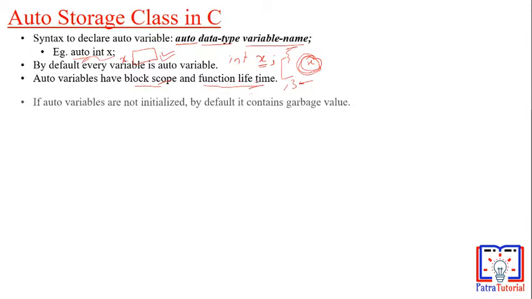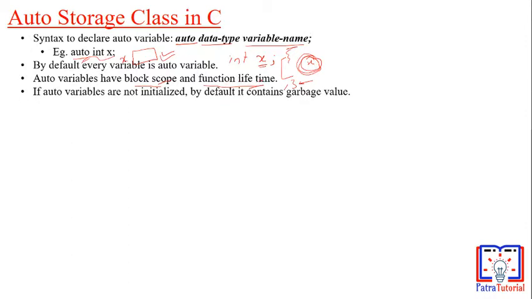Next, if auto variables are not initialized, by default they contain a garbage value. This is the third point, the default storage value. Suppose I am writing auto int x, that's it, then by default this will contain some garbage value. But if I write x equal to 10, then it will store 10.